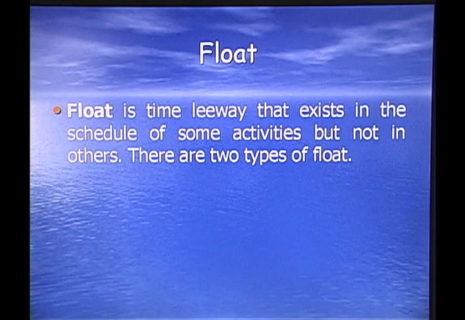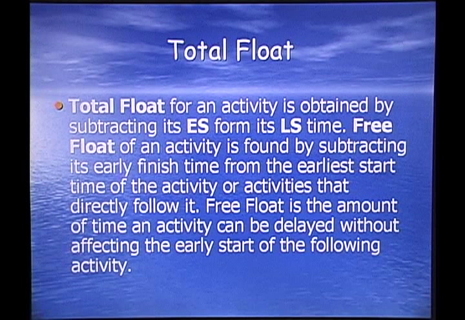Float. Float is the time leeway that exists in the schedule of some activities, but not in others. There are two types of float. Total float for an activity is obtained by subtracting the early start from the late start time. Free float of an activity is found by subtracting its early finish time from the early start time of the activity or activities that directly follow it.